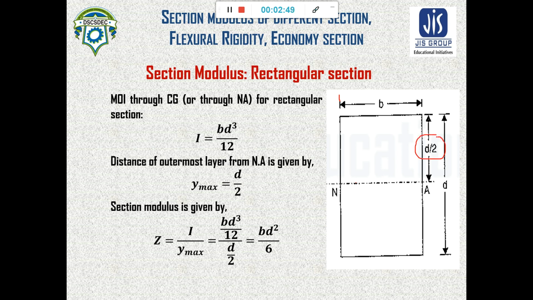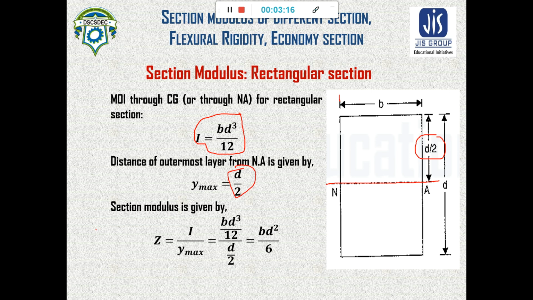Now we know that the moment of inertia of the rectangular section about this centroidal axis, or neutral axis, is given by b d cube by 12. And y max is d by 2.